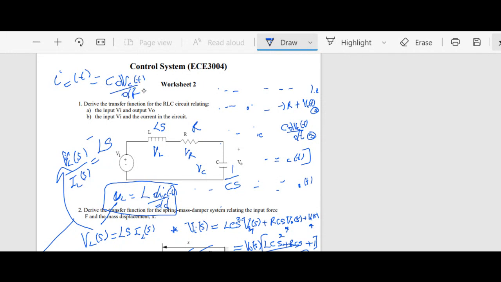Are we seeing that? If we now take the Laplace, IC of S is equal to CS times VC of S. You can go ahead and do that expression. I'm just showing you how we end up with these terms for the reactances represented in the S domain.